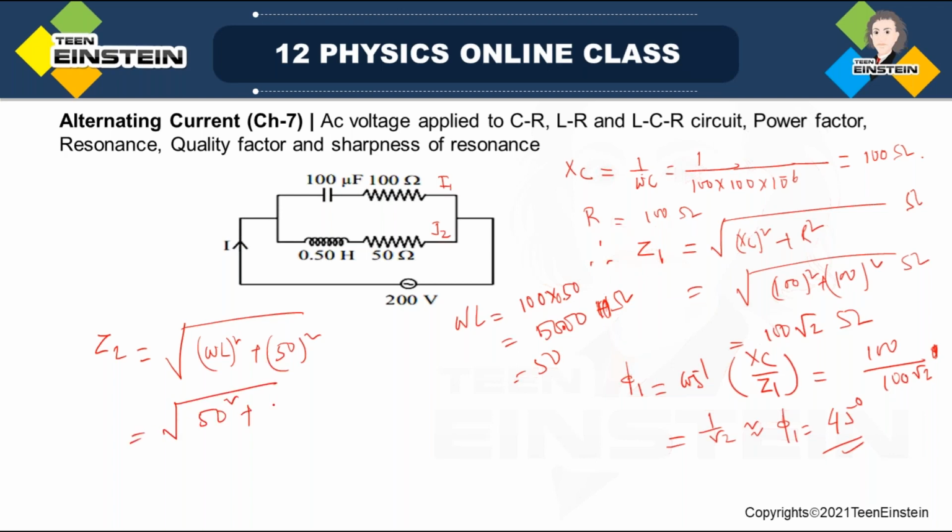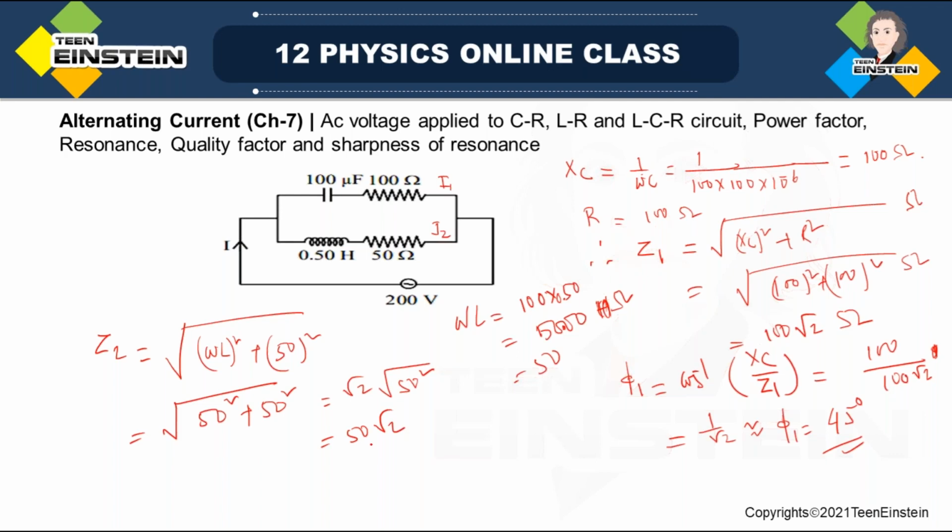So you should get 50 square plus 50 square. That means root 2 times 50 square. Or if we further simplify, we will get a very nice term. So I'm sorry, this is 50 root 2.